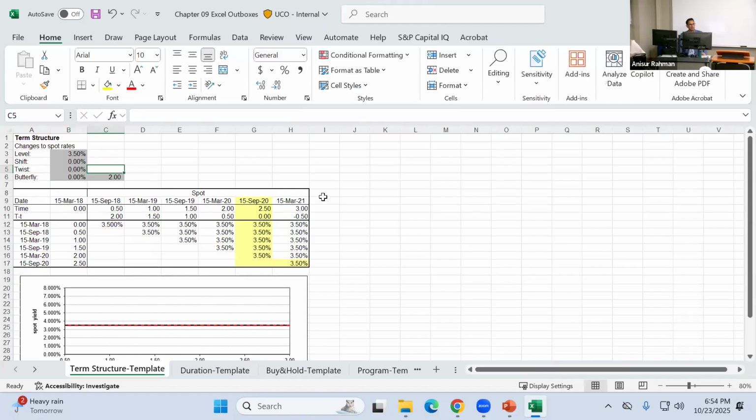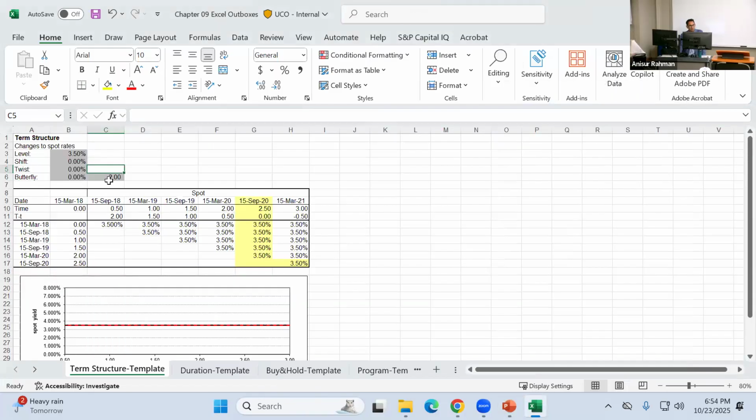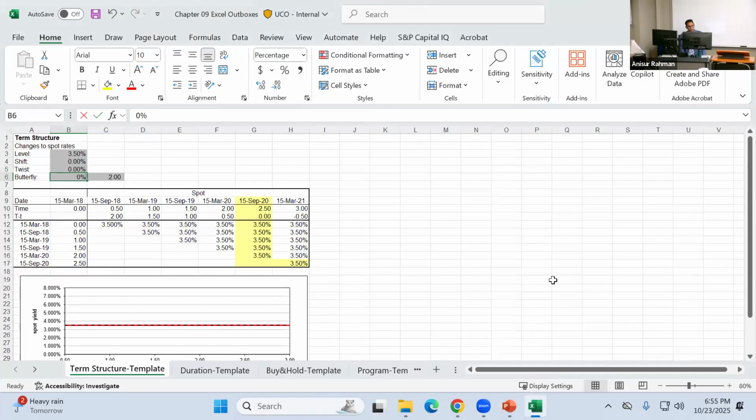Okay. Now, what is butterfly? Changes in the curvature of the term structure, with middle maturity rates rising or falling relative to the short and long maturities. Middle maturity in our case is this one, if you click on it. So now let's say we do a positive 1% here.